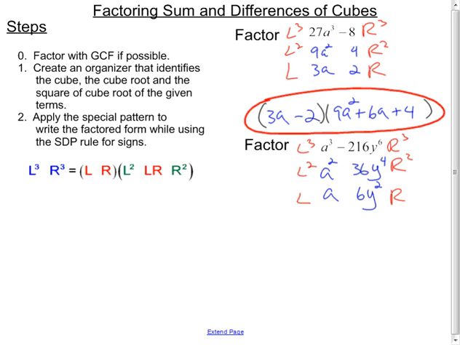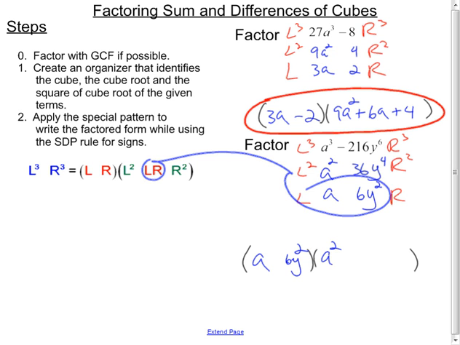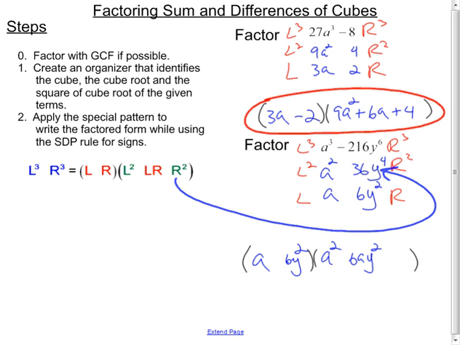So I will set up a binomial times a trinomial, and then move my way through. L in the chart is a, and then R is 6y squared, and L squared is a squared. A little mental math quickly for LR is going to be 6ay squared, followed by, in the end, R squared, which is 36y to the fourth.